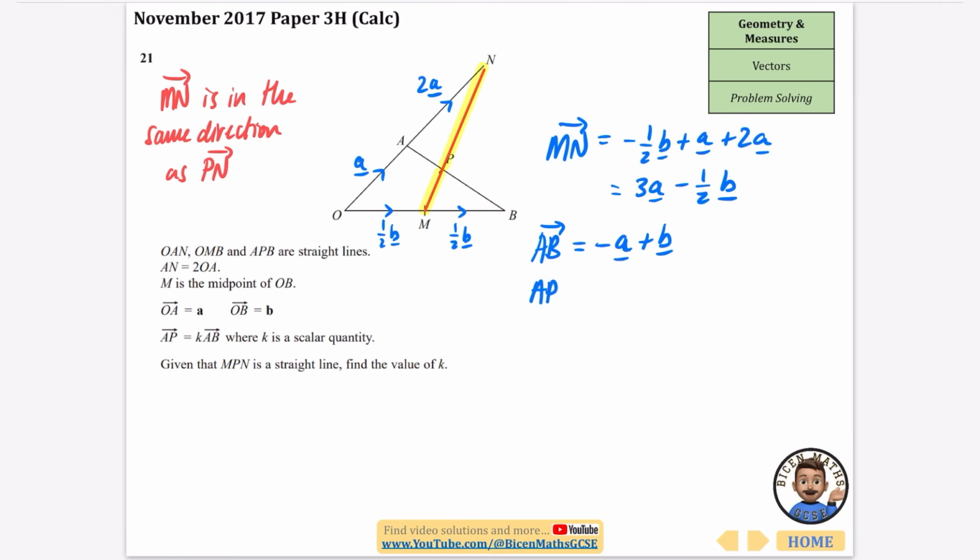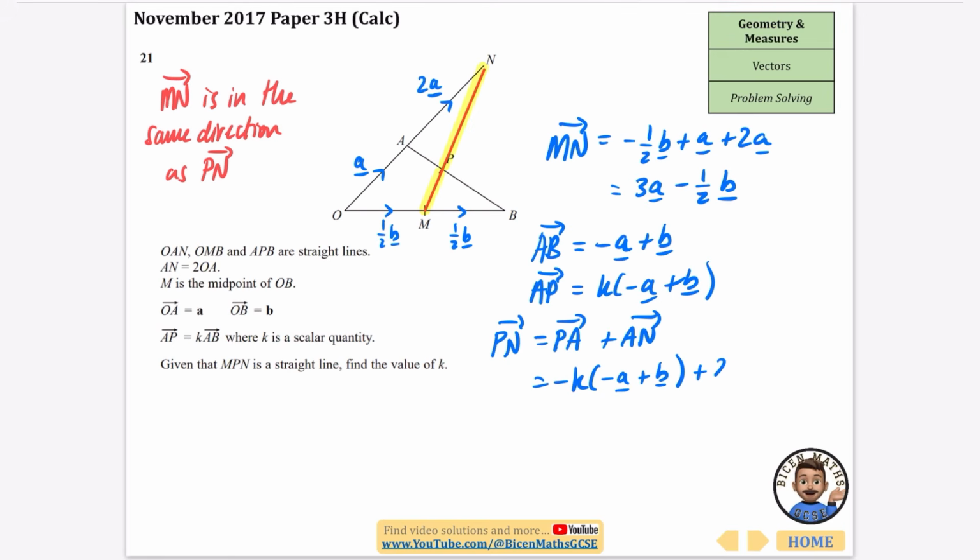So AP is K lots of minus A plus B. But we want to find out what PN is. So I'm going to say PN is PA plus AN. Now PA is this one but in the reverse direction, so it's going to be a negative. It's going to be minus K times minus A plus B, and AN is 2A.